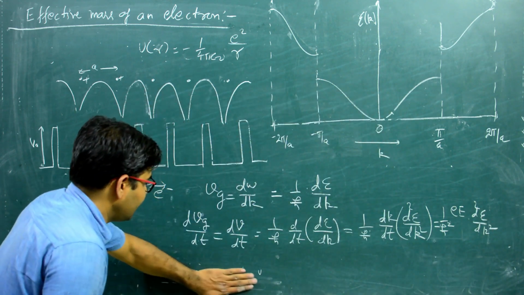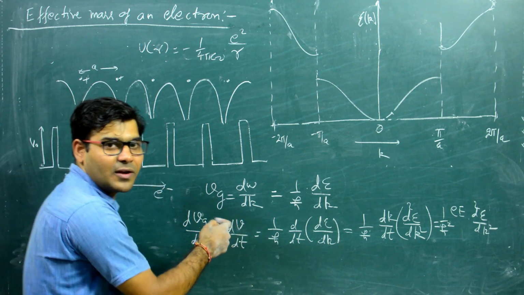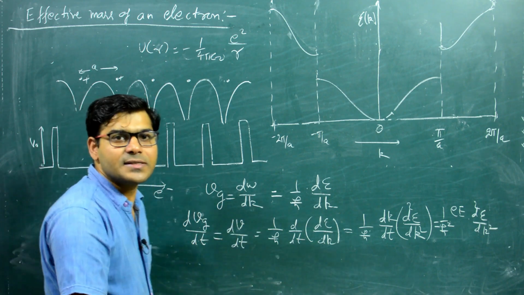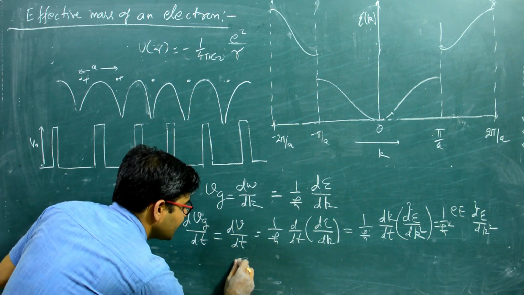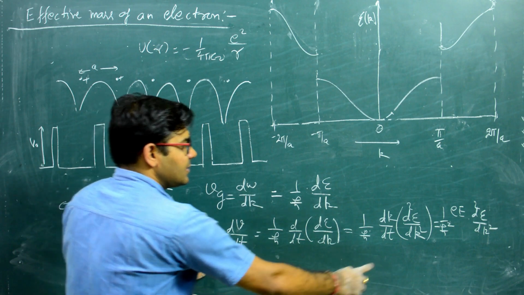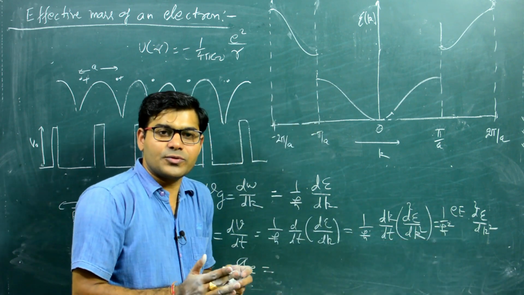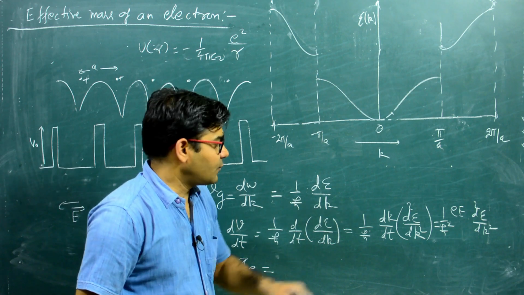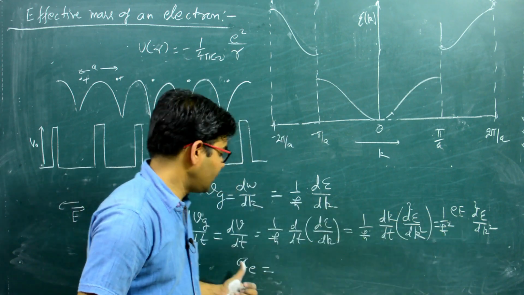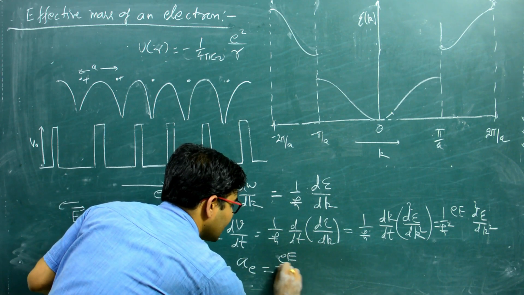So if I see, this is the acceleration of the electron. V is nothing but the velocity of the electron, so dv by dt is nothing but the acceleration of the electron. Let me write down this as a. And this is force here, because this is the force due to the external electric field E. So force upon something is equal to acceleration. That something has to be mass, so let me write down this as m star.